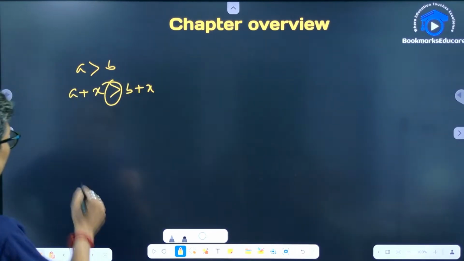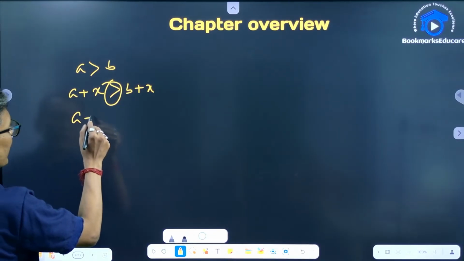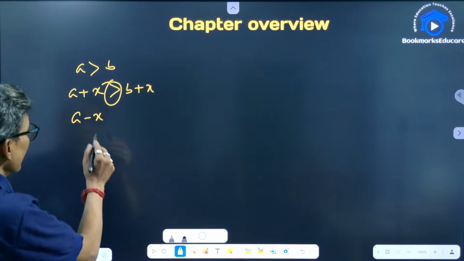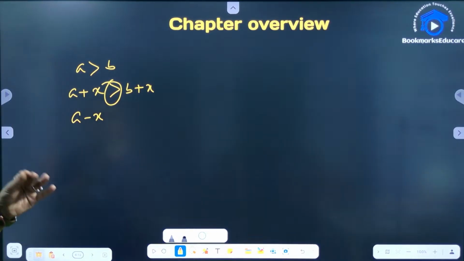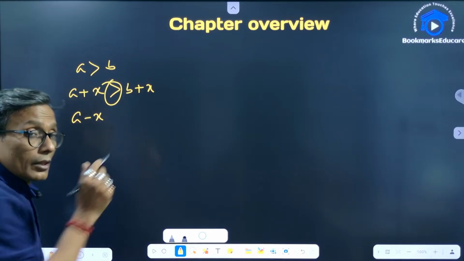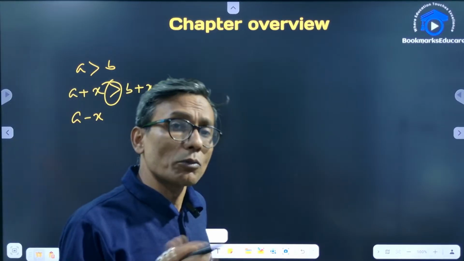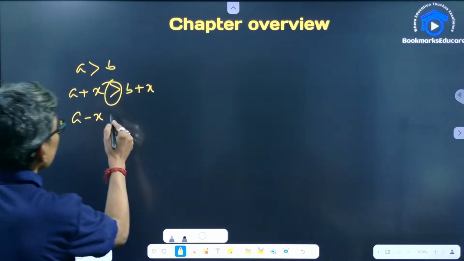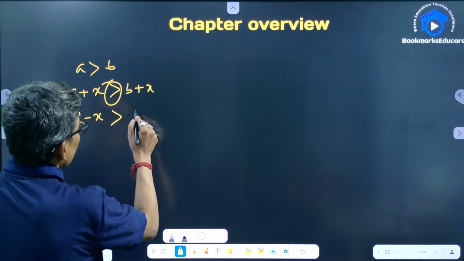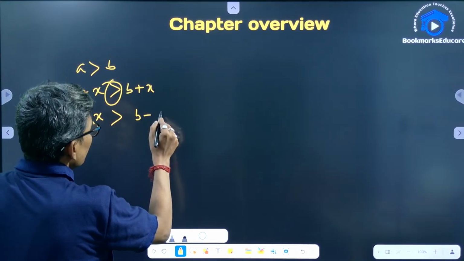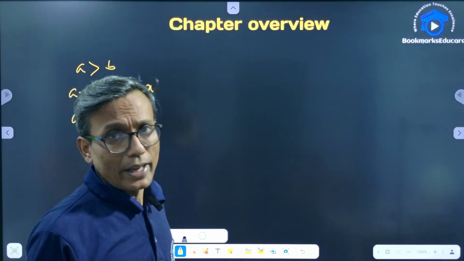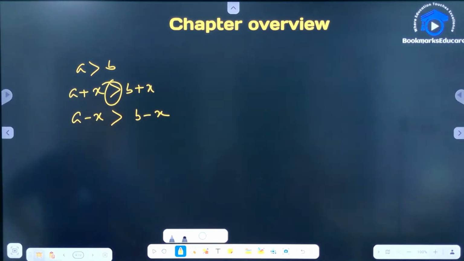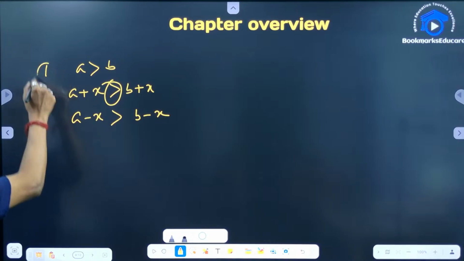As well as if we subtract any constant or any number from the given expression on both sides of the inequality or inequation, there will not be any change. This is one property.